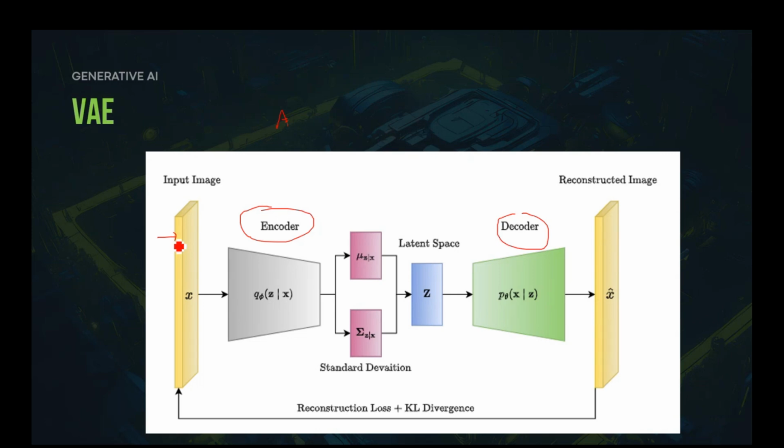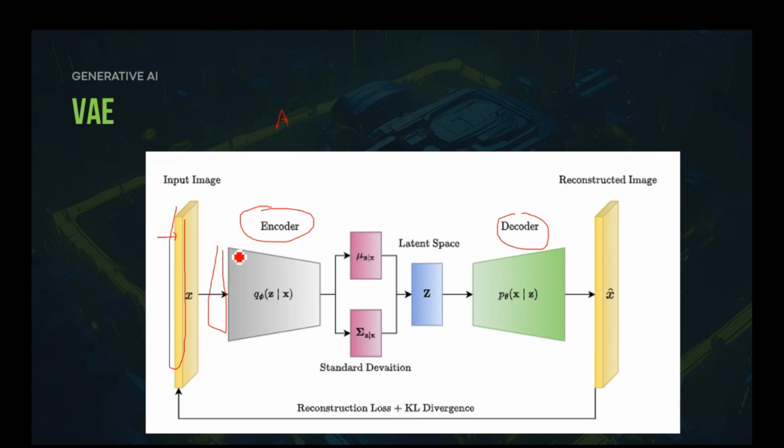Here you have concepts like mu, the mean, and the standard deviation. It captures the input data, whatever you give, text or image or videos. And this is your embedding. Ultimately it has to come as a number only, whatever data you give. Now this data is encoded.